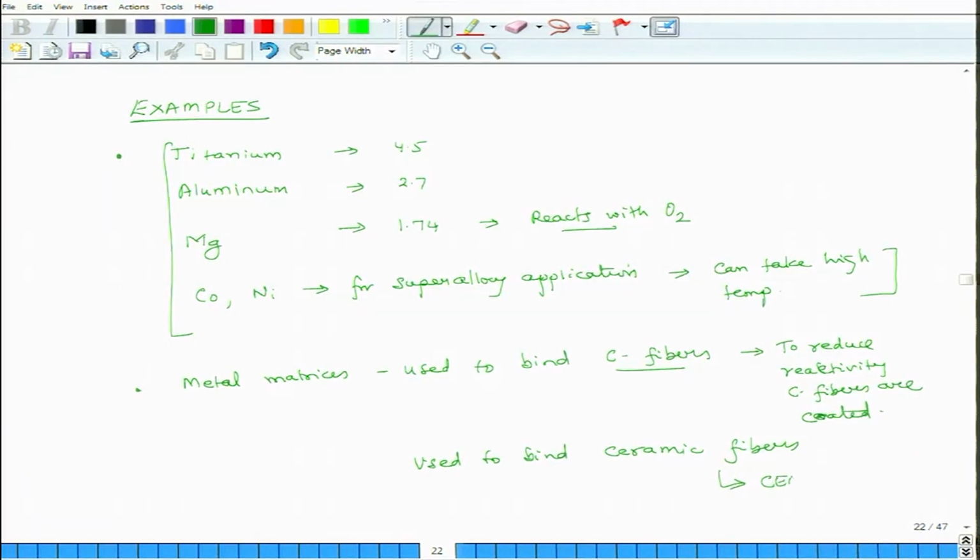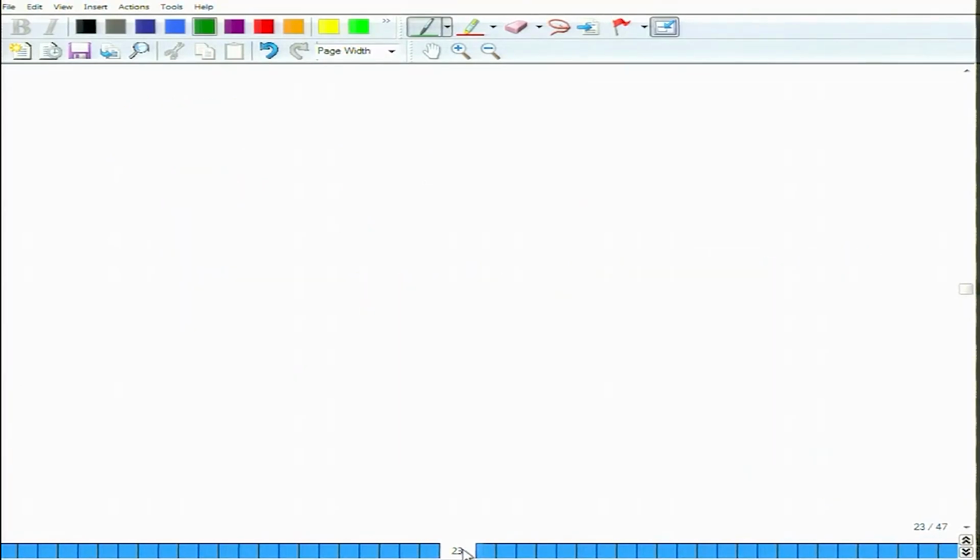Examples is cements, we have discussed this earlier, and then we have some more examples. So, you have aluminum based materials. For example, there are two alloys, Al6061 and Al2024.